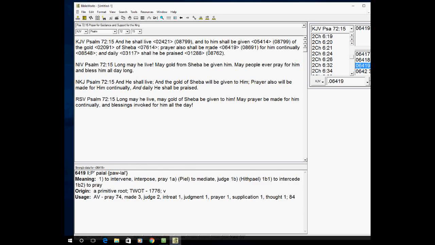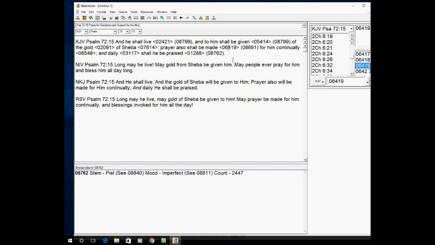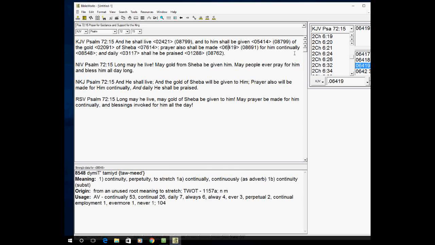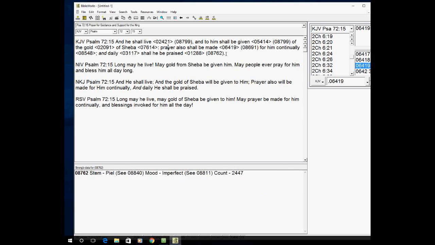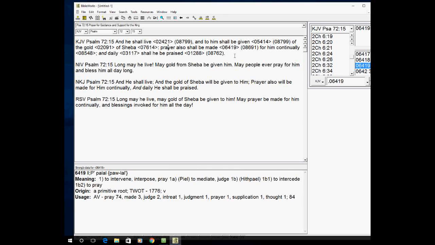Oh, this is interesting. The word I was wanting to go to was prayer, because to pray is generally in the sense of a verb. That's an action. That's what we do. Interestingly enough, in King James, the word prayer is Strong's number 6419.